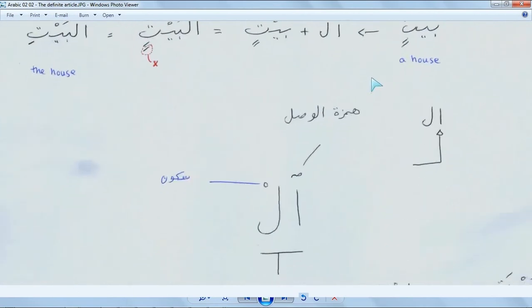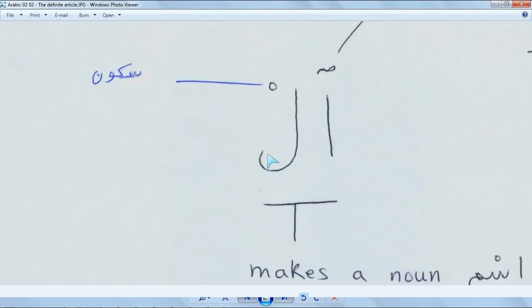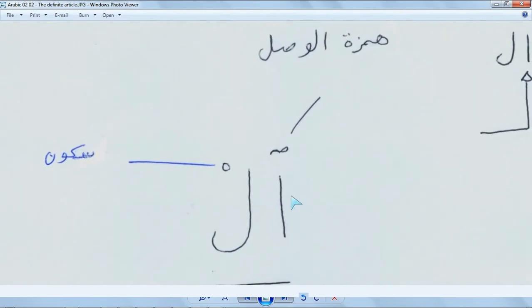Okay, let's look a bit more at al and the orthography of al. The al seems to be composed of an alif and a lam, but in actuality this is not an alif. This is the seat. The actual letter is here. We call this hamzatul wasl.